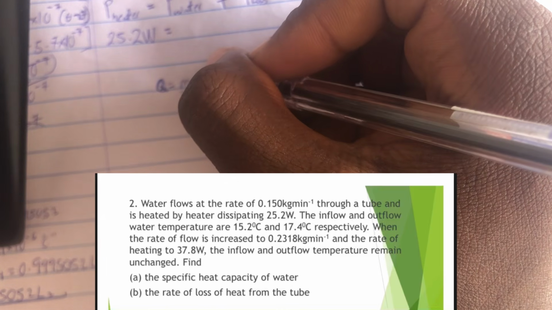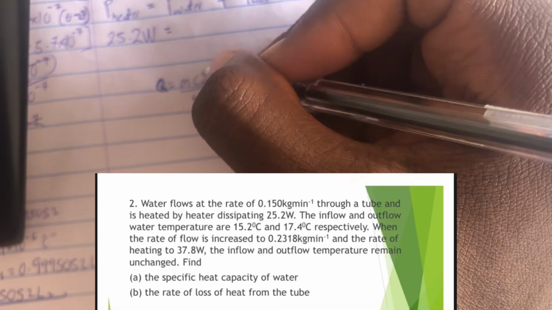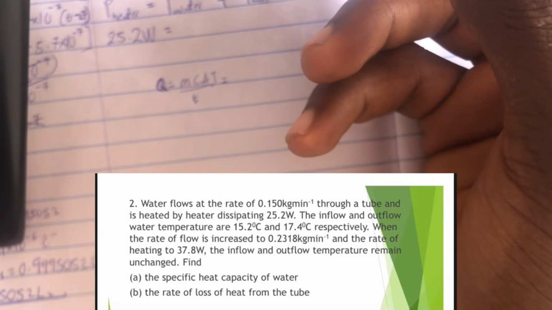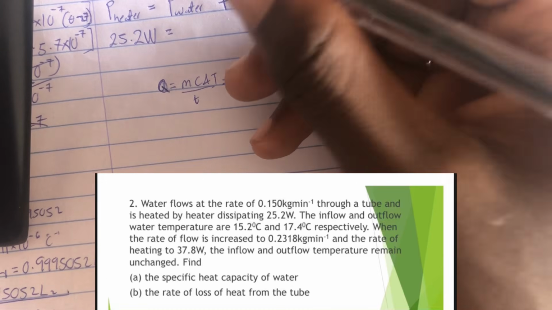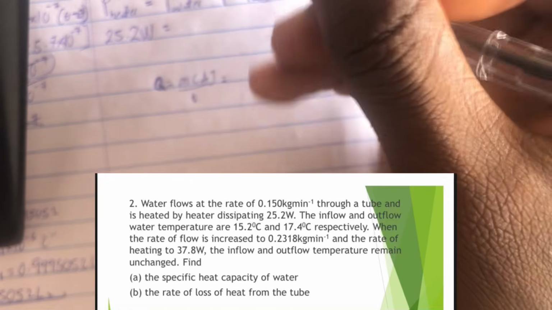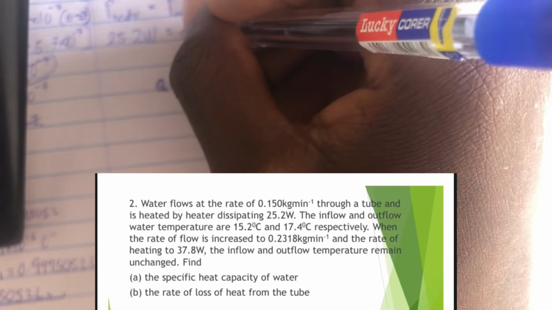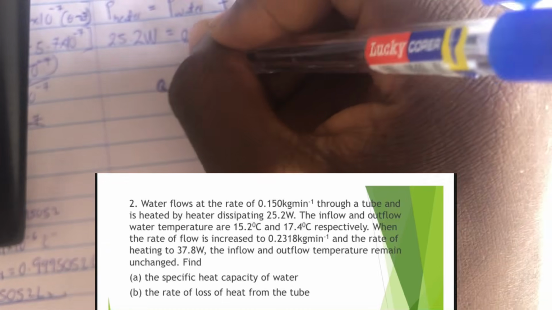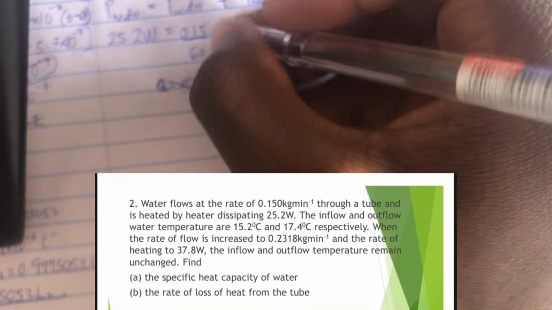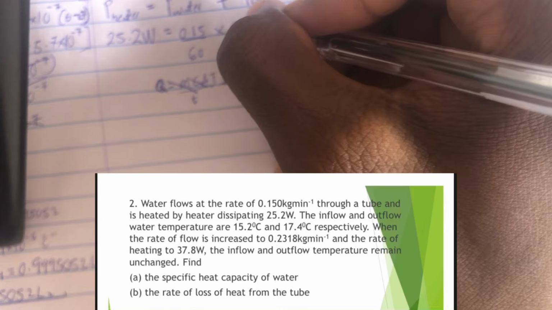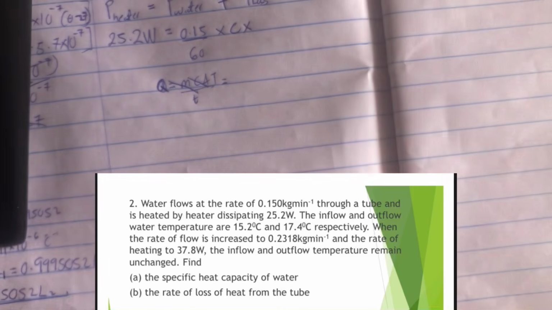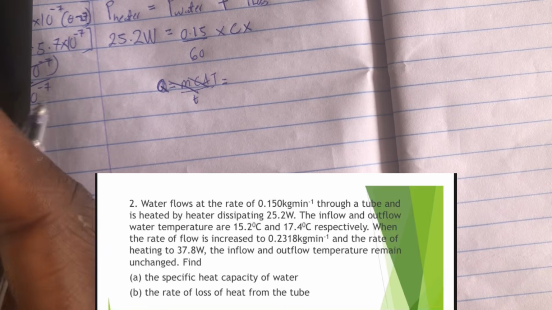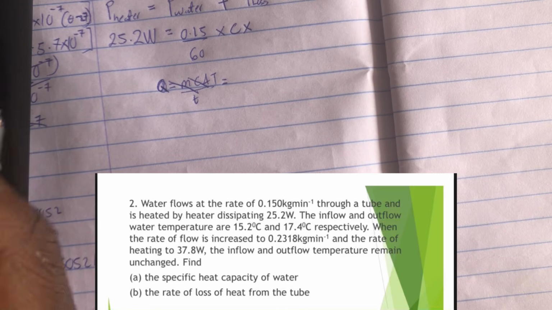Because we are going to divide the mass by 60. Here it is given as 0.150 kilogram per minute, but it has to be in kilogram per second. So the rate will be 0.15 over 60 times the specific capacity of water times the change in temperature. The change in temperature is 17.4 minus 15.2.